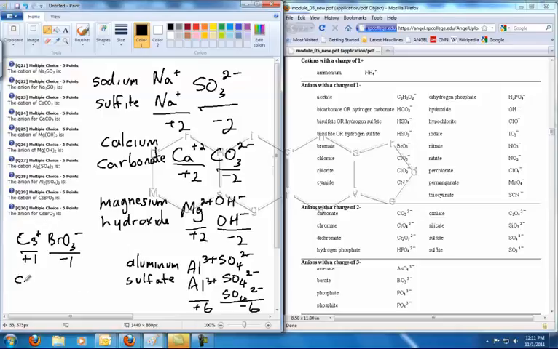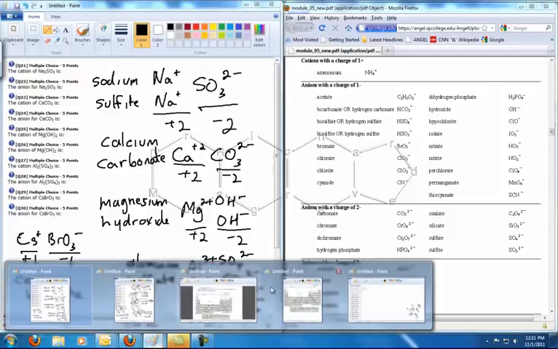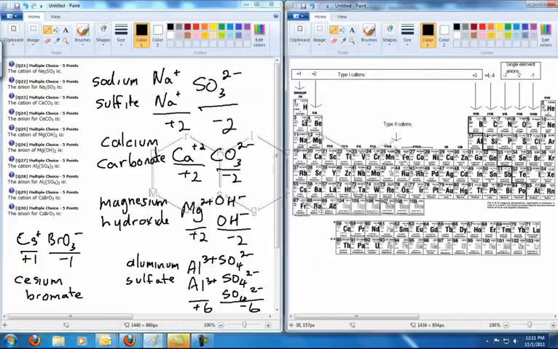The name of this would be cesium bromate. Again, I just get that off here for the bromate. Cesium is type 1. This is in group 1 here, so I don't put a number in the name or anything, so it just becomes cesium bromate. Again, I want to point out there's only one BrO3 group here, not more than one. If there was more than one, it would have been in parentheses.